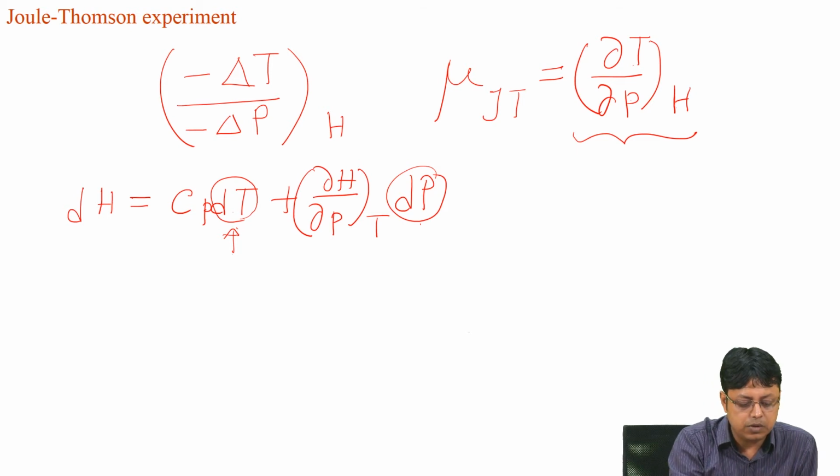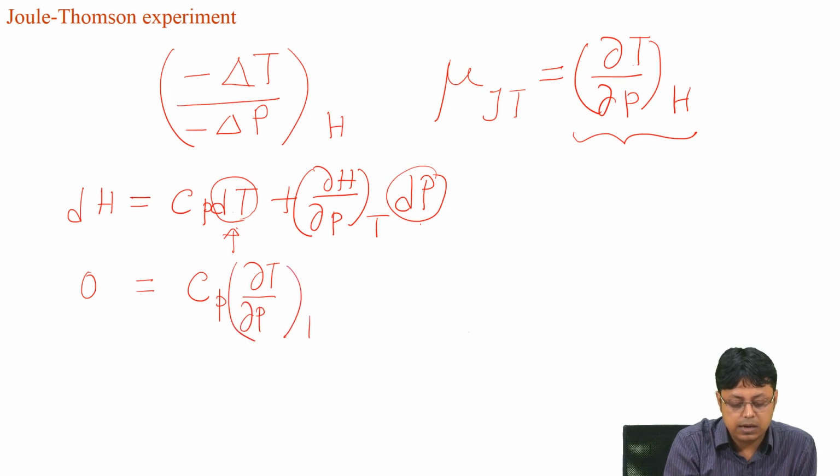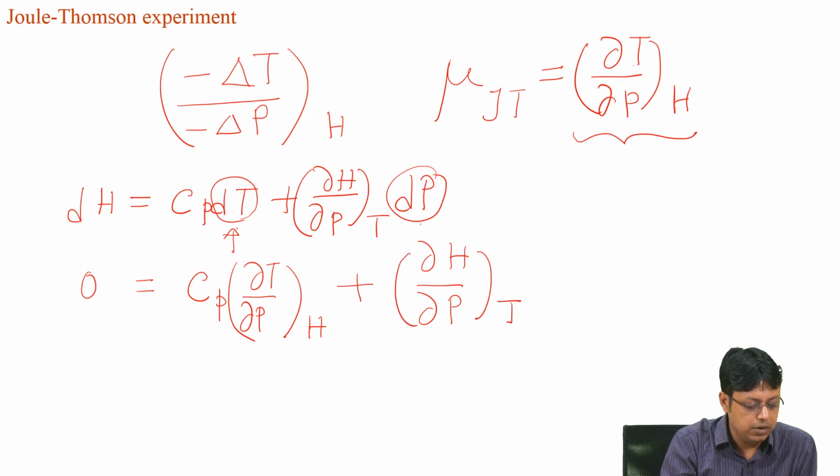If the enthalpy is constant, the left hand side becomes 0, and if we divide both sides by dP, we will get Cp del T del P at constant enthalpy plus del H del P at constant T. So we got a very interesting relationship.